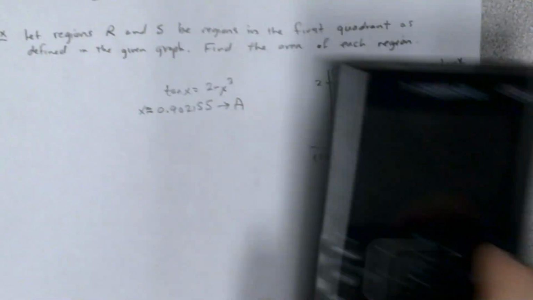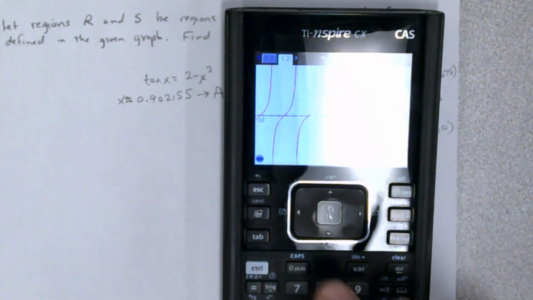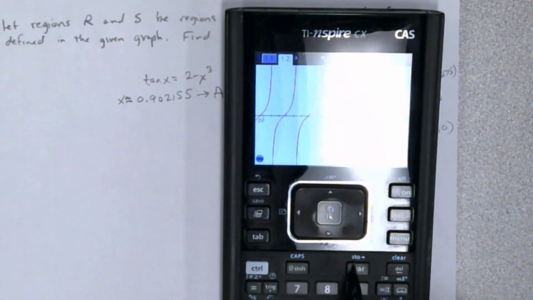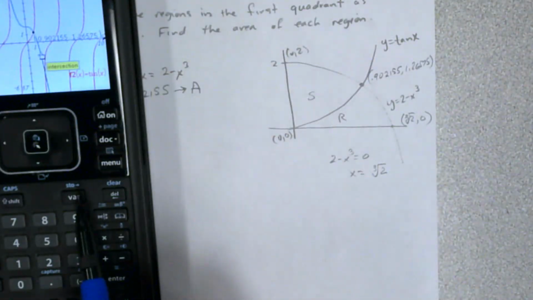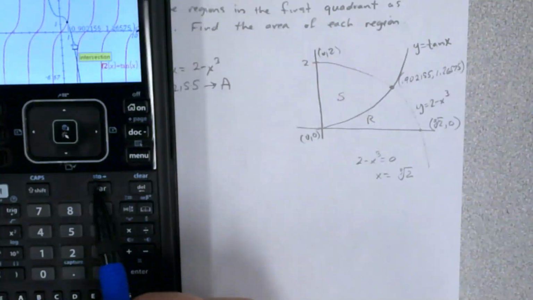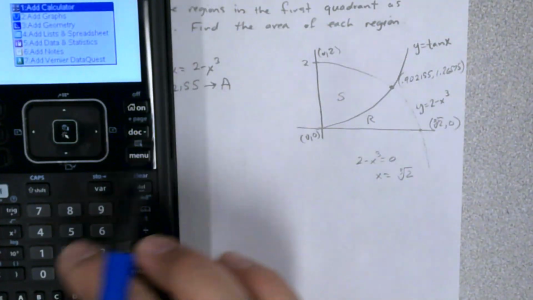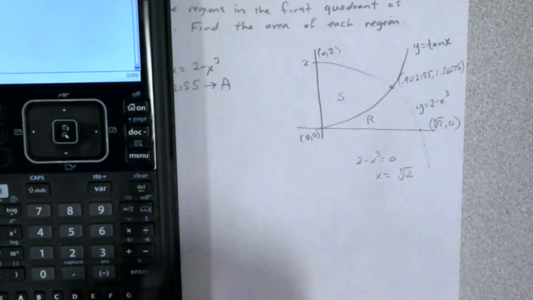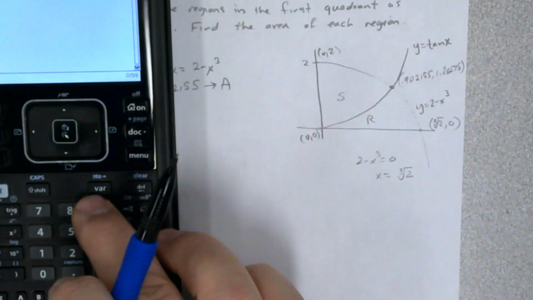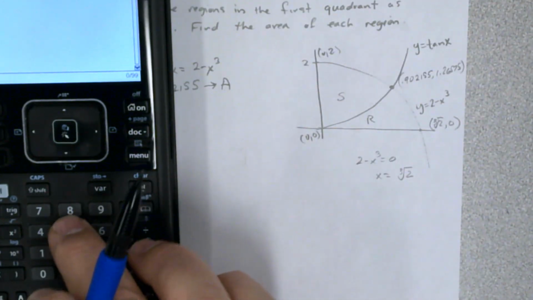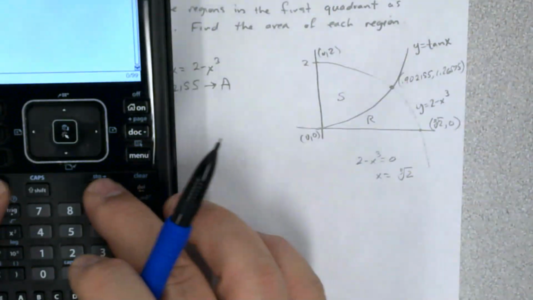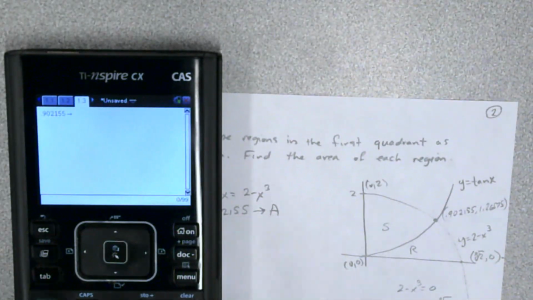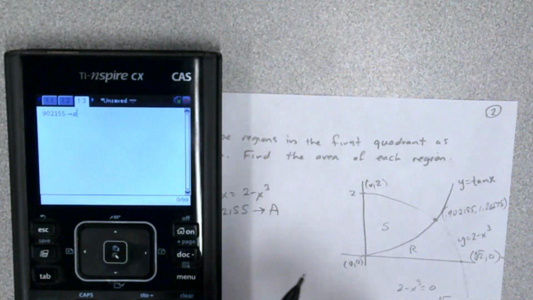And you can actually take this number, okay, we have to go into another page over here, but you see the store feature on your calculator right here? The store button? So if I go into a new page, I can type this number in, 0.902155, and I store it in capital A, and you can just leave it like that.